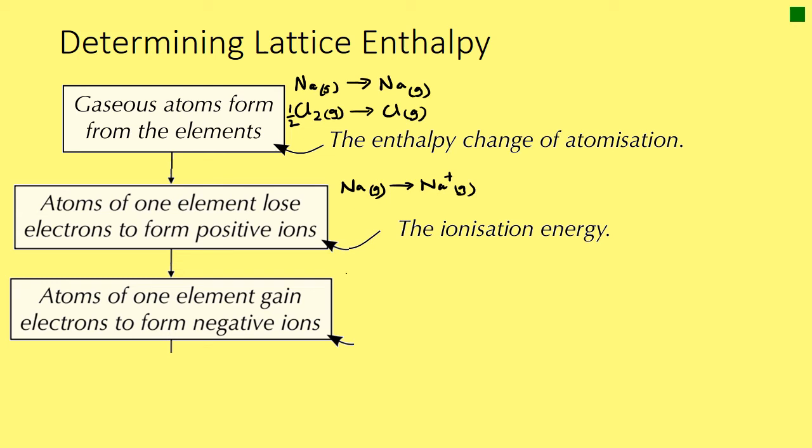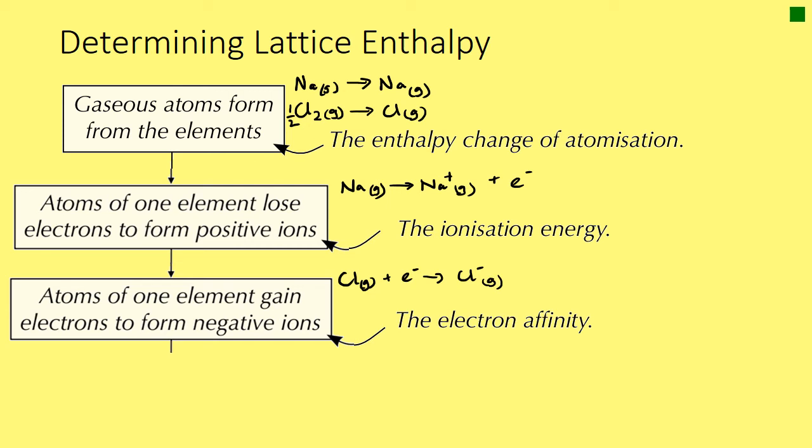So we've got our chlorine gaseous atom, and it's gaining an electron, and it's going to make a chloride ion, gaseous, and let's just be complete and put our electron back up there for the sodium ion. And that third step, where the chloride ion was made, is called the electron affinity. Affinity as in attraction.